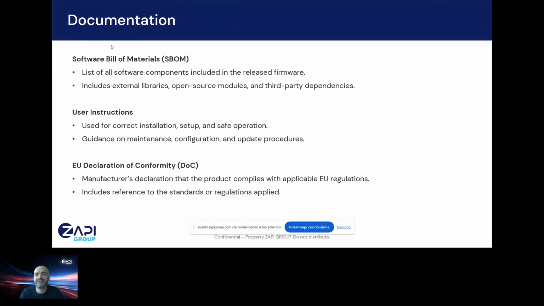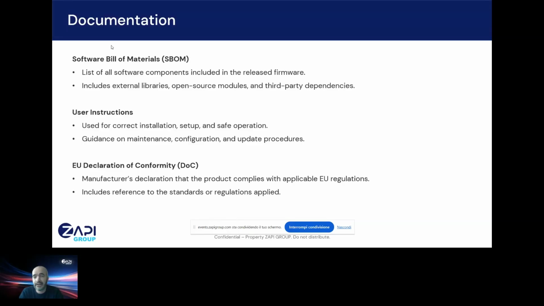The software bill of material is a list published in a specific format that indicates the software components that compose the software binary present in the product, and includes also the external libraries that are used for the software binary.